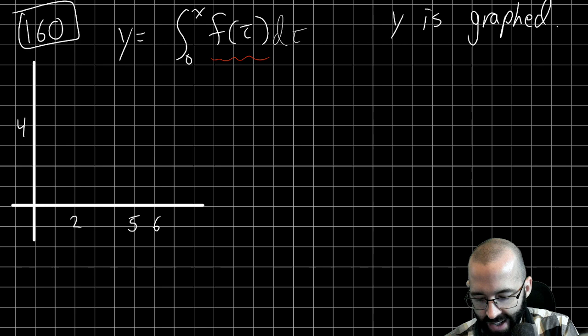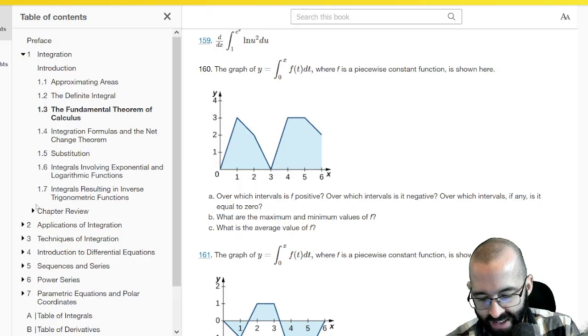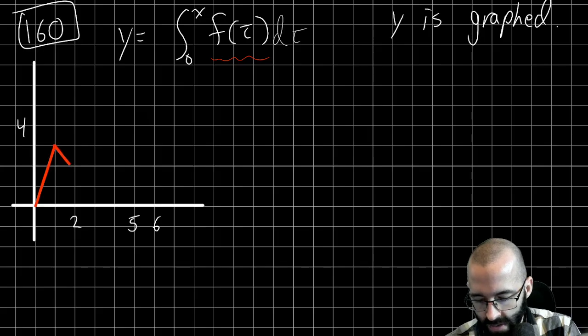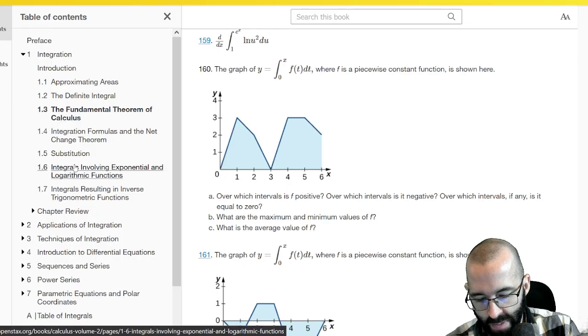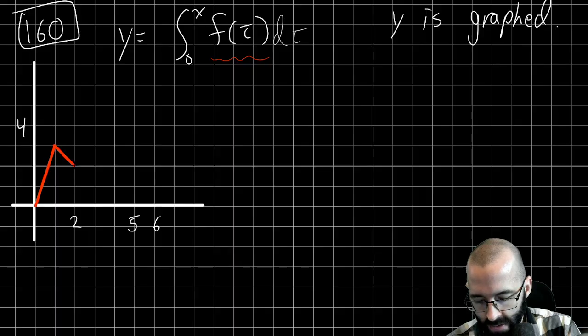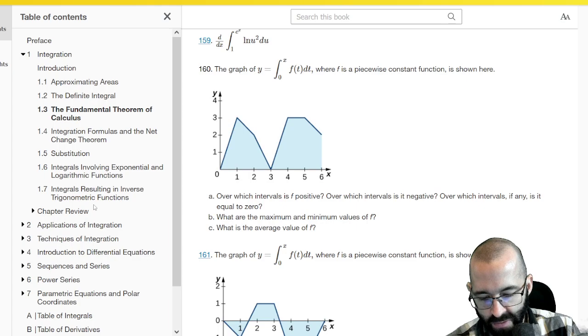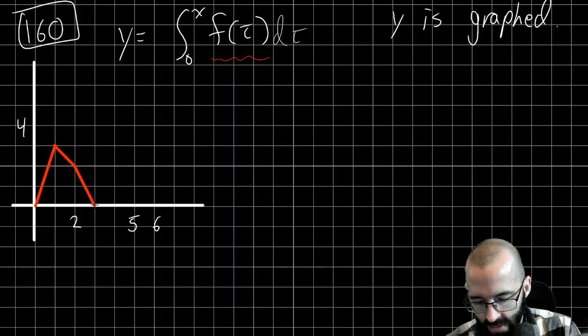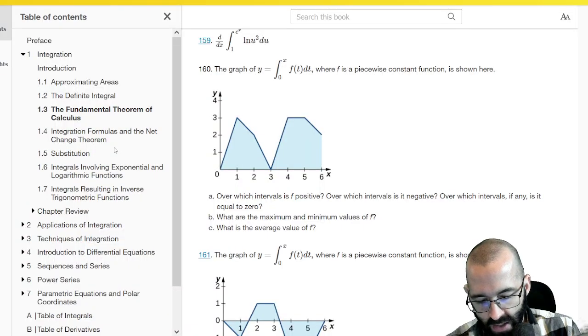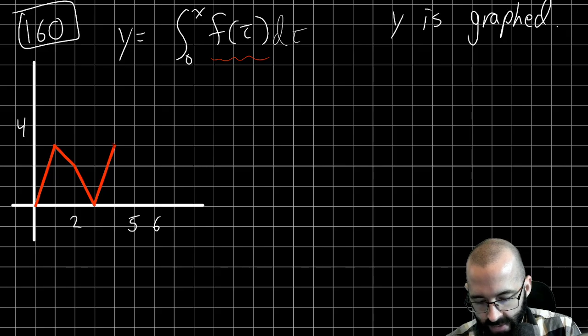That was supposed to be a straight line using the straight line tool. 0, 0 to 1, 3. 1, 3 to 2, 2. 2, 2 to 3, 0. 3, 0 to 4, 3. Constant, and then it goes down 1.